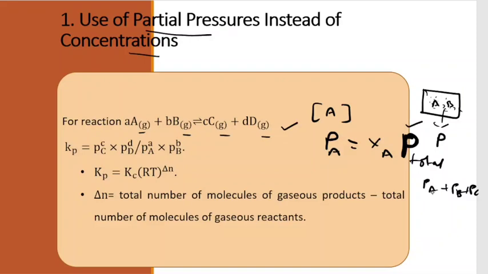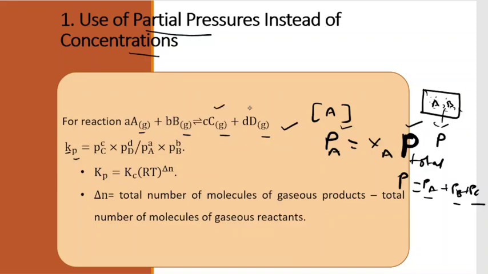That is the pressure exerted by A, the partial pressure of A, the partial pressure of B, and the partial pressure of C. The total will give you the total pressure of the mixture. Anyhow, come back to this case. Here PA is the partial pressure of A, which we can get by multiplying the total pressure with the mole fraction. So, how do we write the equilibrium constant in terms of partial pressure? Just similar to that of the concentrations.